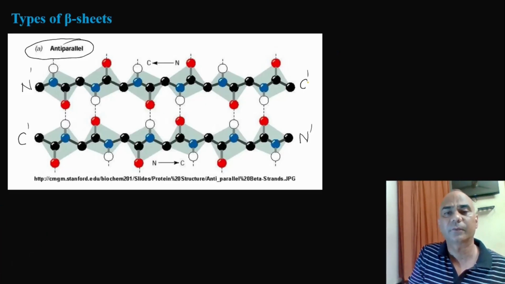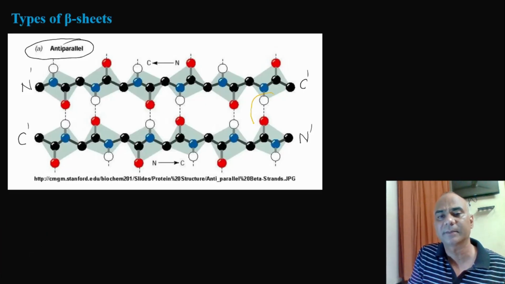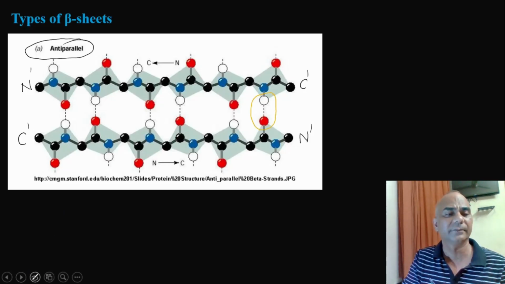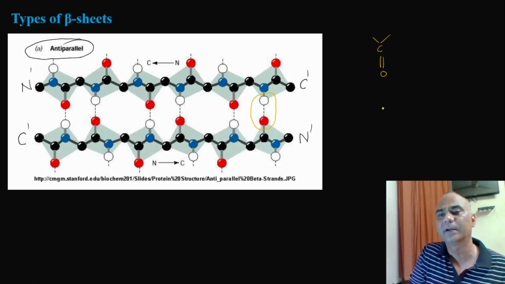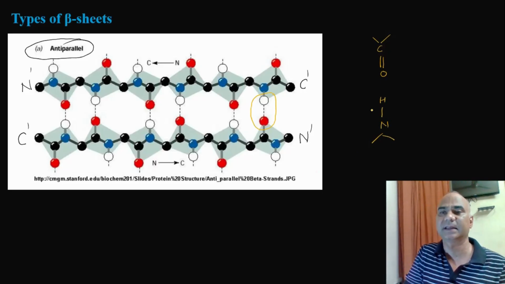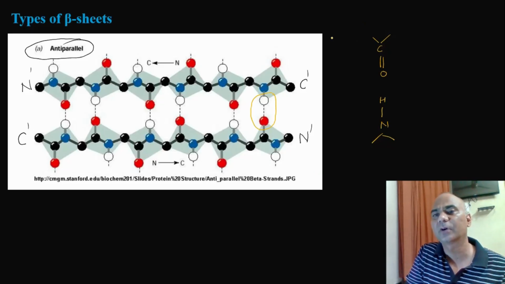And another important thing is these hydrogen bondings, the hydrogen bonding between the carbonyl oxygen, here I can draw that hydrogen bonding of carbonyl oxygen of a peptide bond and the hydrogen of the amide group of another polypeptide chain. Similarly, we can draw a simple structure.